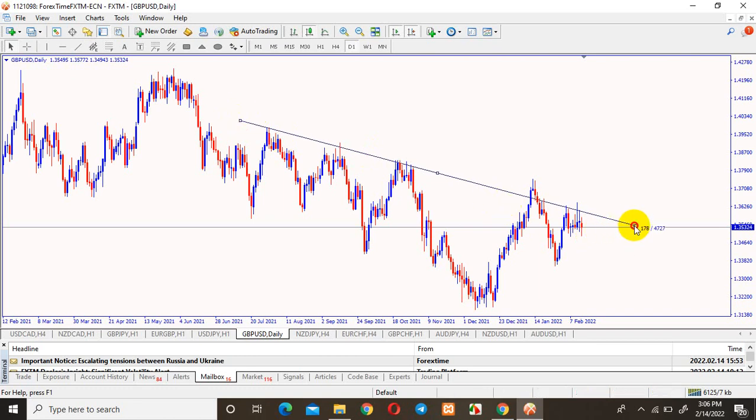You can see how price reacted in this zone. So if anything is to go by, see that price has acted strongly on this trend line. There was a false breakout. Price came back again to retest this trend line.